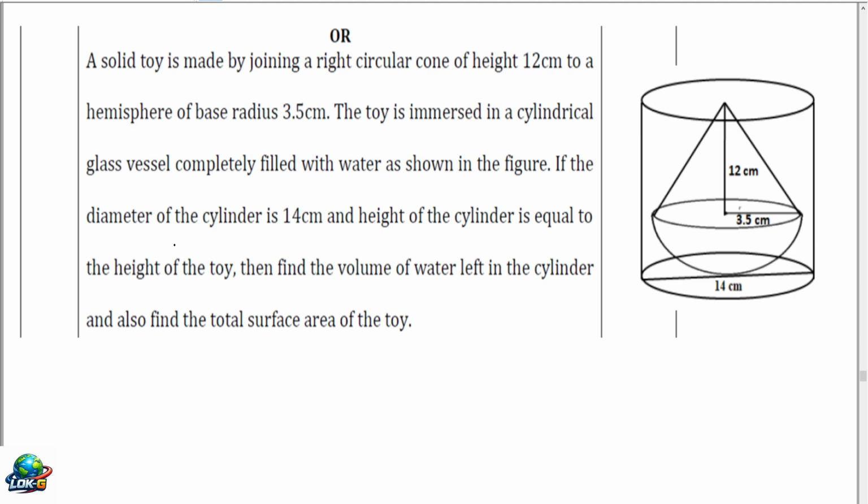If the diameter of the cylinder is 14 centimeter, its radius will be 7 centimeter. The diameter of the cylinder is equal to the height of the toy. Then find the water left in the cylinder and also find the total surface area of the toy.